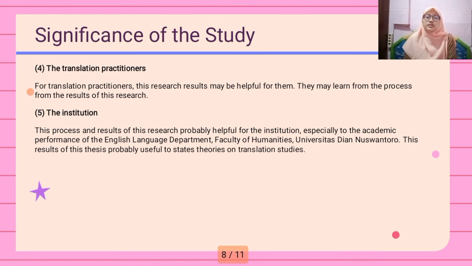And last, about the institution, this process and result of this research probably helpful for the institution, especially to academic performance and English language department, Faculty of Humanities, Universitas Dian Nuswantara. The result of this thesis is probably useful to state theories on translation studies.